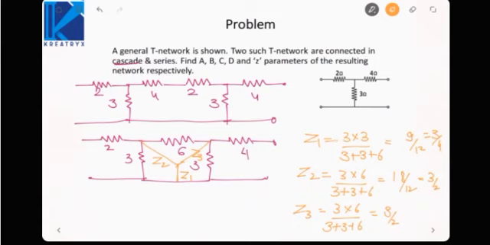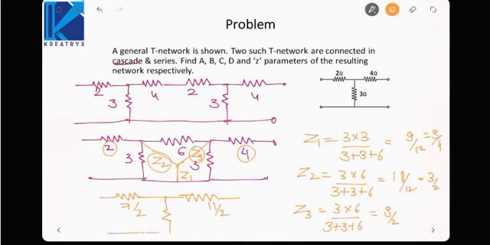Now this Z2 will be in series with 2 ohm, Z3 will be in series with 4 ohm. So what will be the resulting network? 2 plus Z2, 2 plus 3 by 2, that is 7 by 2. 4 plus Z3, that is 4 plus 3 by 2, it is 11 by 2.